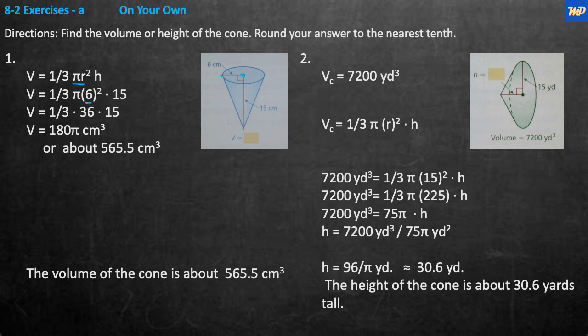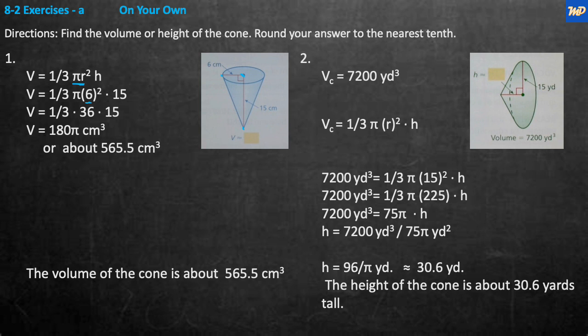That's the height. So now when we write the next piece of this equation, the volume is 1/3 times 36, since 6 squared is 36, times 15. If we work that out, the volume will be 180 pi centimeters cubed, or cubic centimeters, or about 565.5 cubic centimeters.